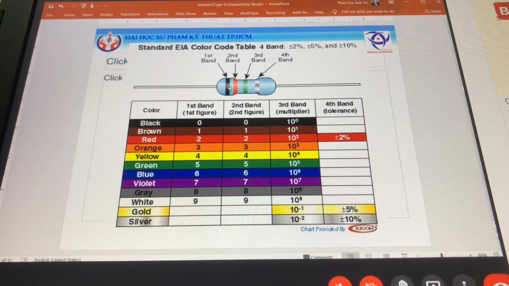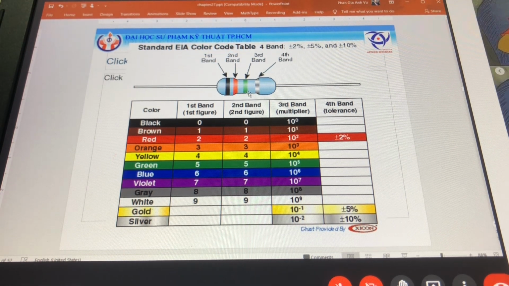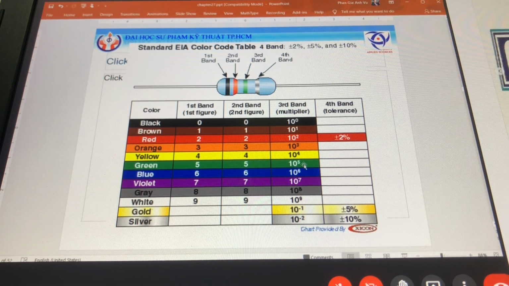For example, here you have black is 0, so 0 ohm. Red is 2, so 2 multiplied with green, which is power 5 of 10. So you have here 2 multiplied with 100,000. Okay, something like that. The last band here is about the tolerance.